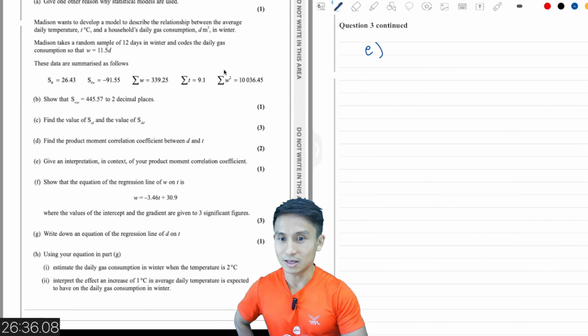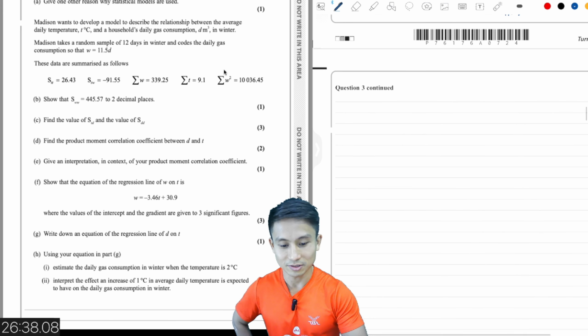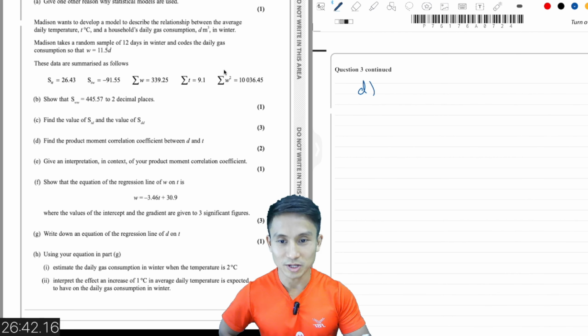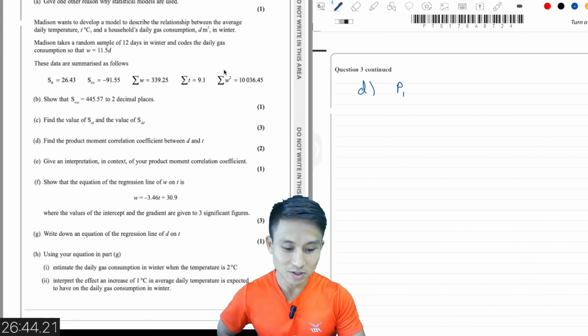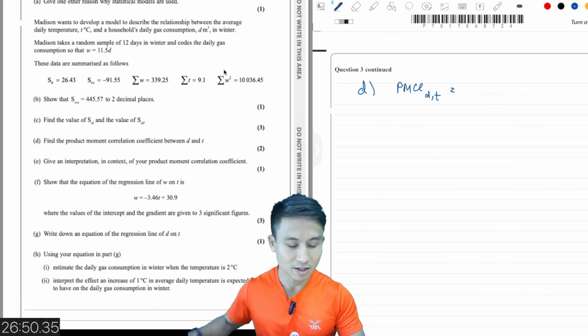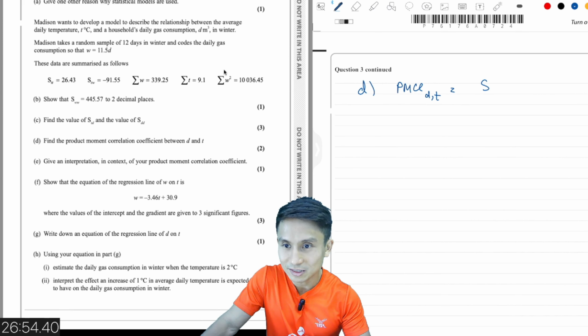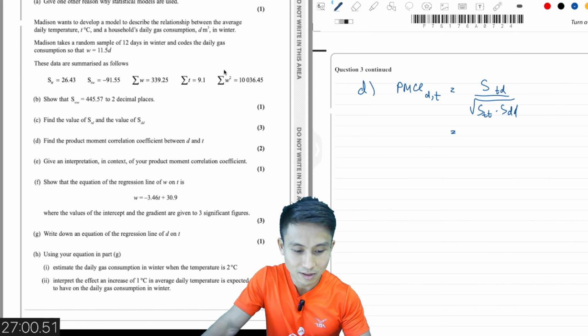Part D first. Hence find the product moment correlation coefficient between D and T. So the PMCC of D and T would be, what's the formula again? It's STD divided by square root of STT times SDD.